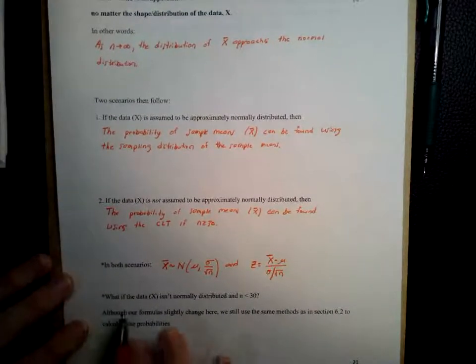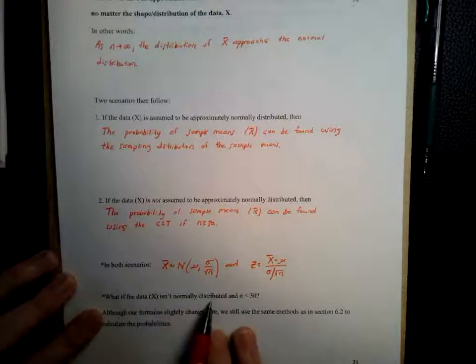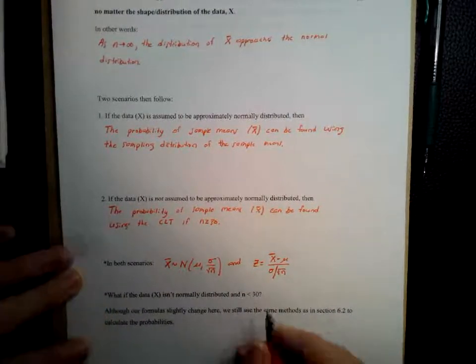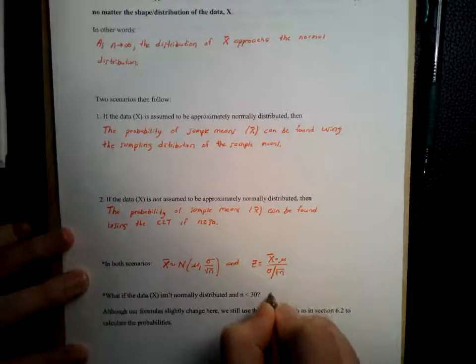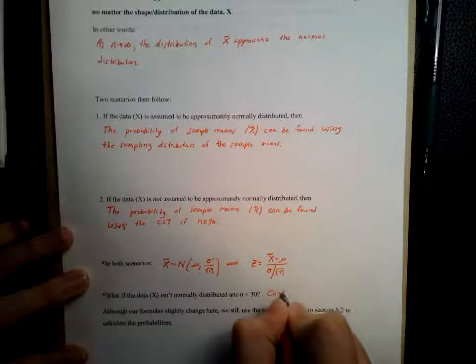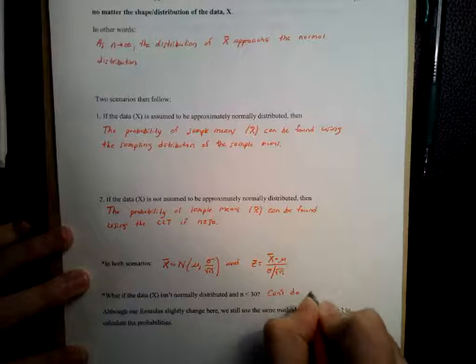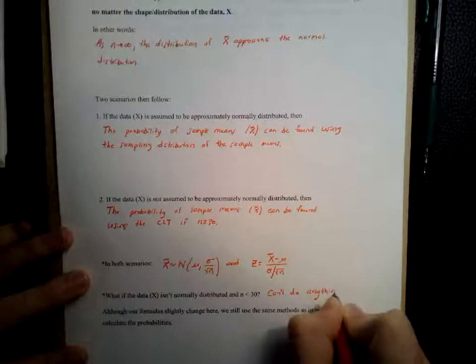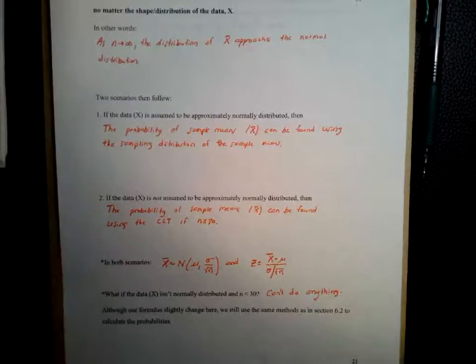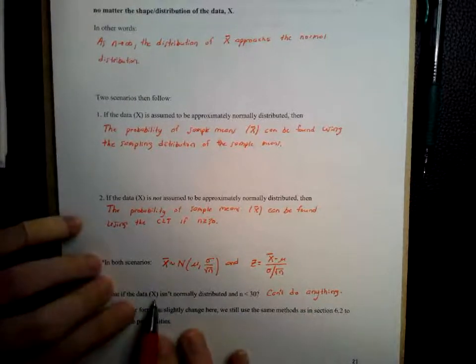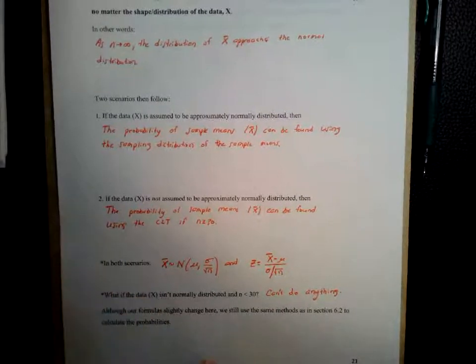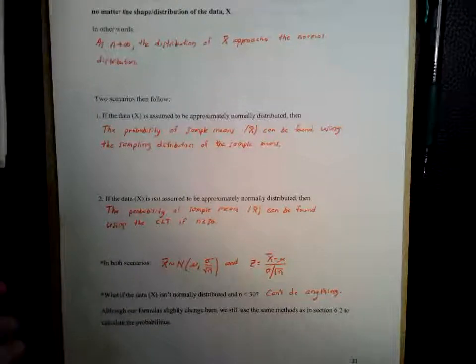Now what happens if X isn't assumed to be normally distributed and our sample size is less than 30? That makes it easy. We can't do anything in that case. If the data X follows some other distribution, then we could find the associated probabilities, but we're not going to talk about it in this class because that goes beyond the scope of our course.